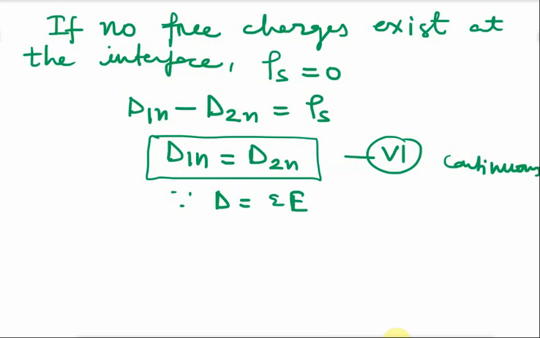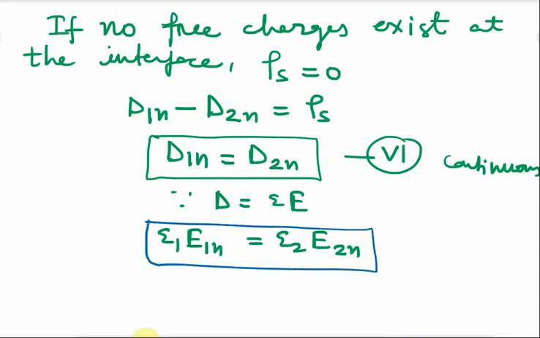D1n can be written as epsilon 1 E1n, and D2n as epsilon 2 E2n. So E1n is not equal to E2n; it depends on epsilon 1 and epsilon 2, so obviously this is discontinuous at the boundary.